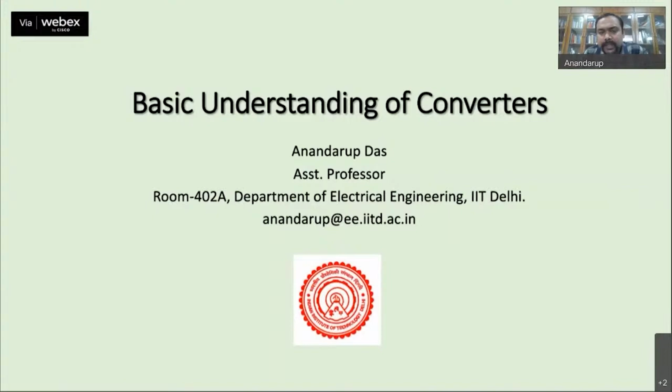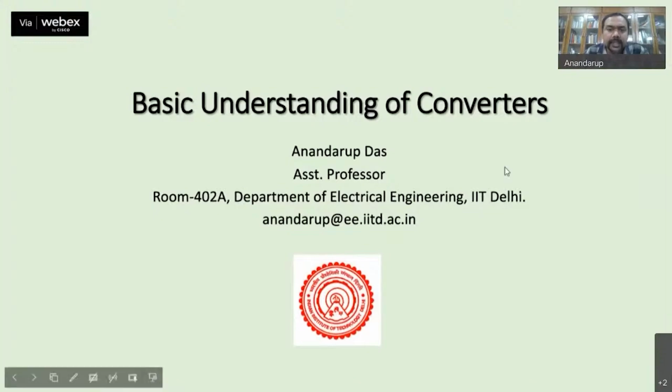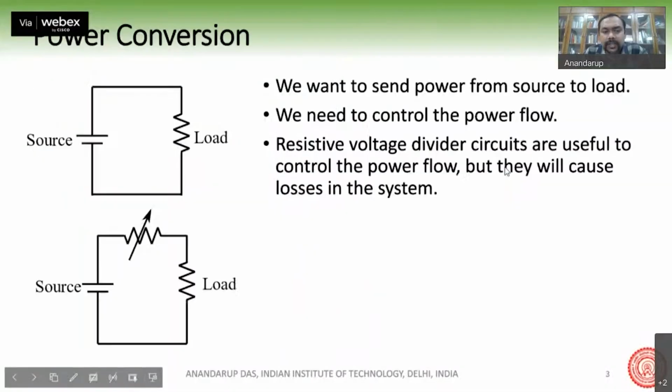So at first we said that we started with a basic understanding of converters, in which we said that when we have a source and a load, then we basically want to control the flow of power from the source into the load.